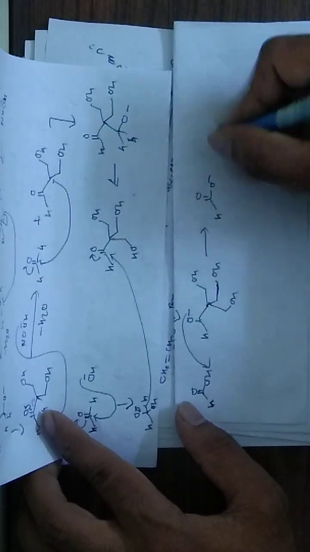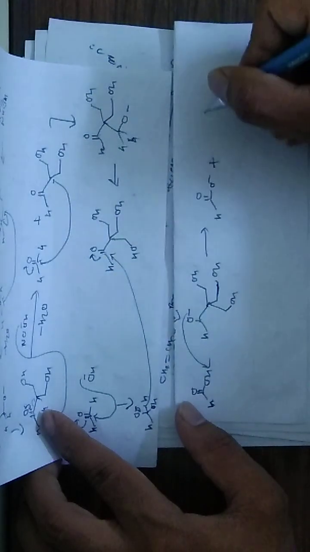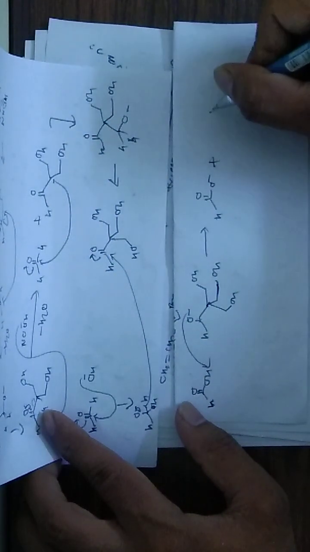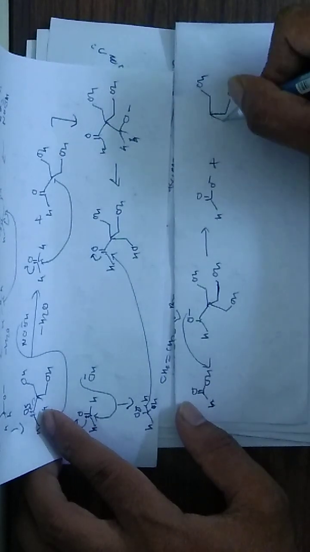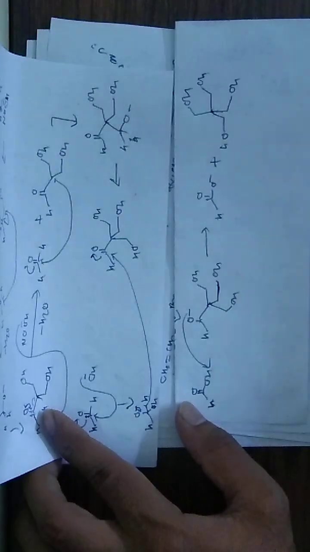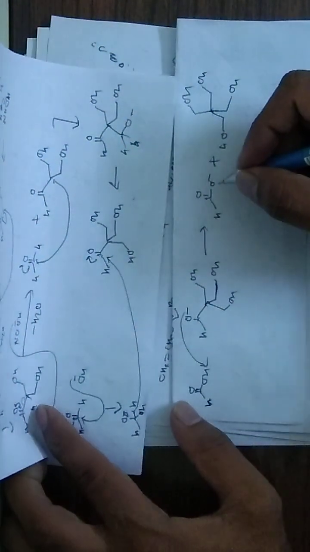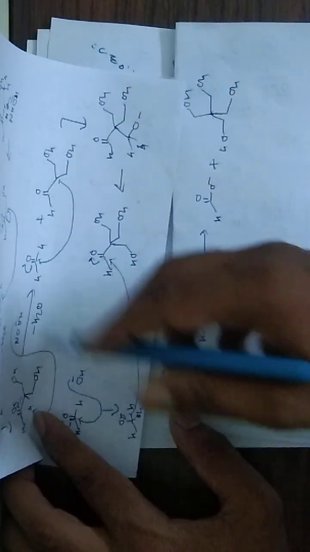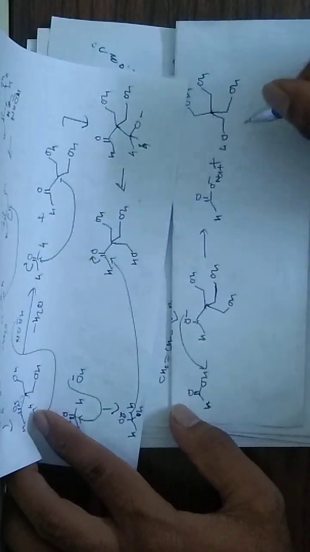Here O minus is formed, and here again CH2 is formed. So I am writing OH, OH, OH. Here also alcohol is formed, OH. And what is the counter ion? Na plus, because in base Na plus is there, so I am writing Na plus here.